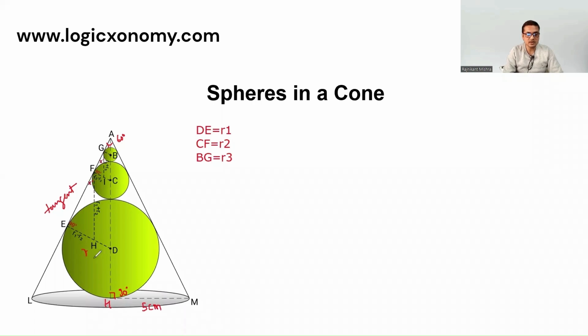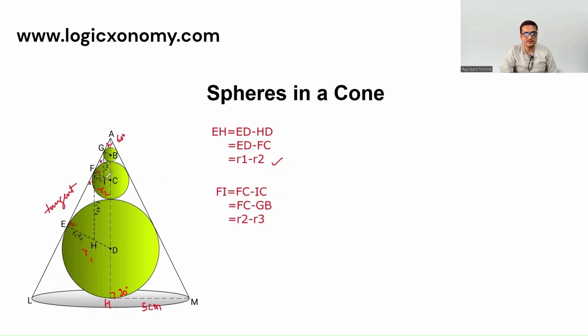Here ED is equal to R1, FC is equal to R2. Here EH is equal to ED minus HD, HD is equal to FC, so EH is equal to R1 minus R2. Similarly, FI is equal to FC minus IC, IC is equal to GB, so FI is equal to R2 minus R3.